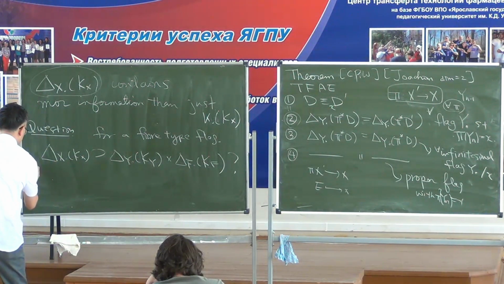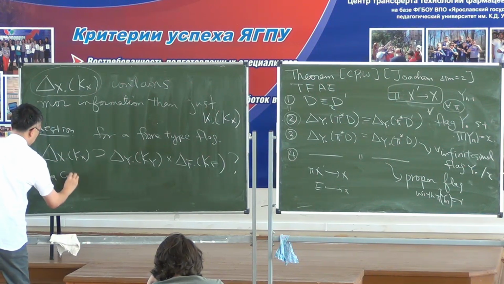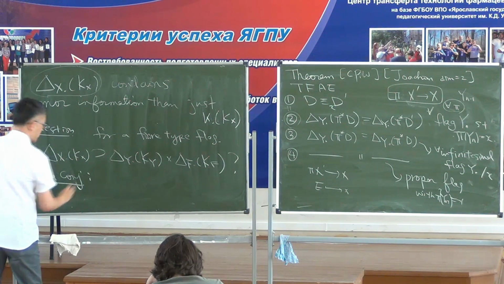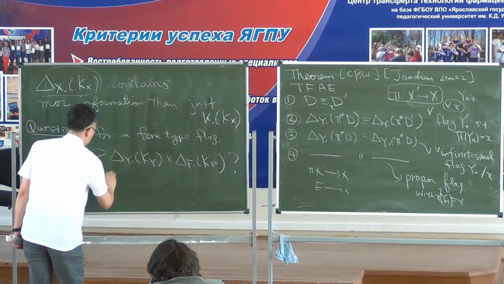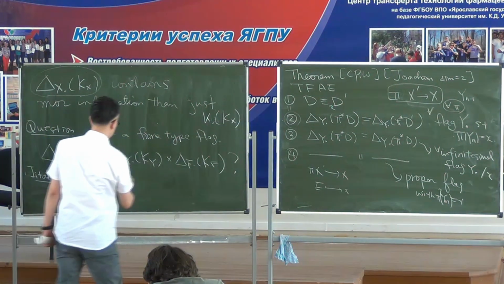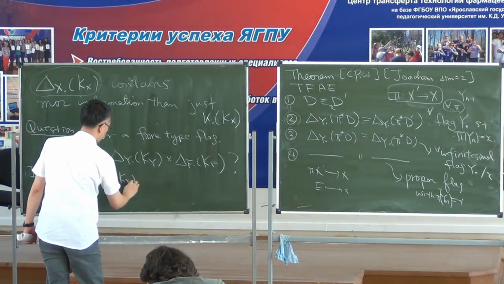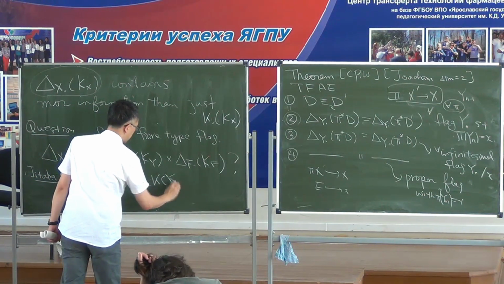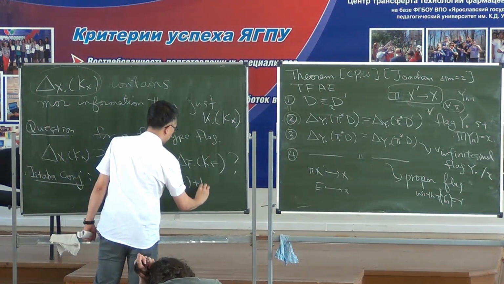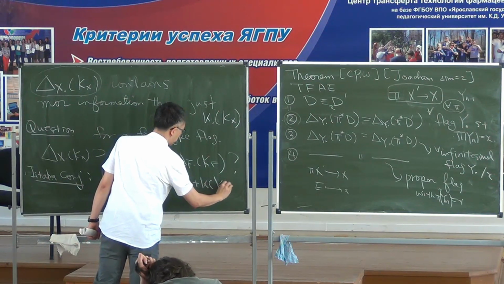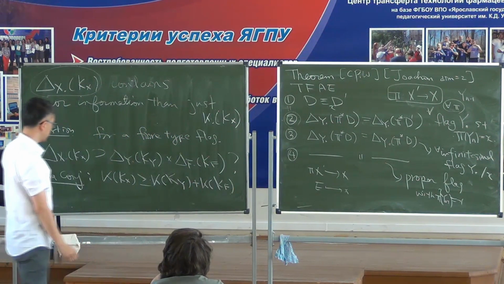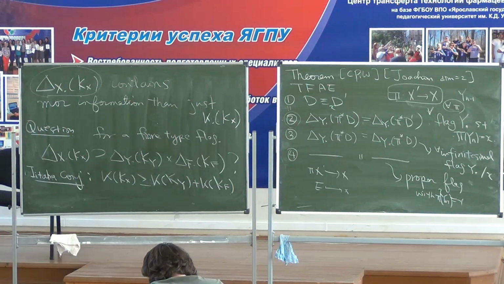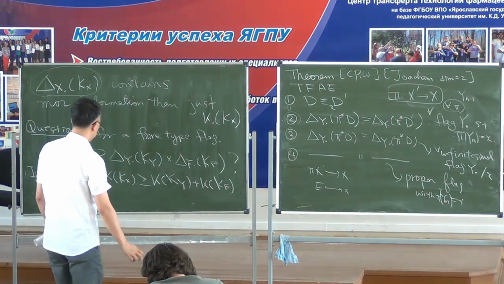There is a conjecture called the Iitaka conjecture. The Iitaka conjecture says that when we have such a fibration, the Iitaka dimension of Kx is at least the Iitaka dimension of Ky plus that of Kf.